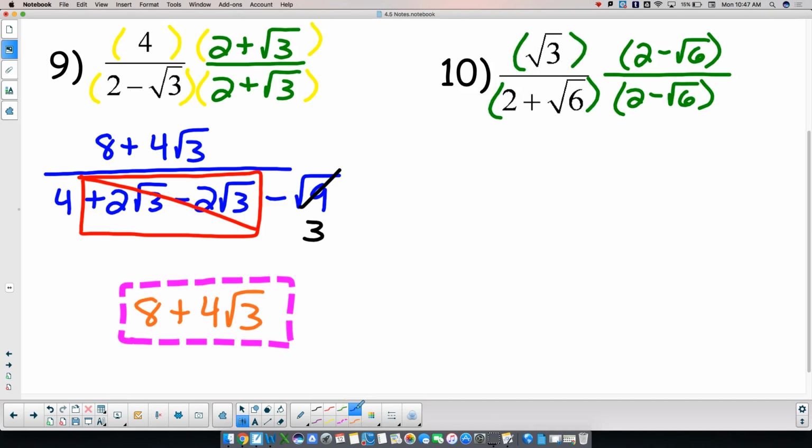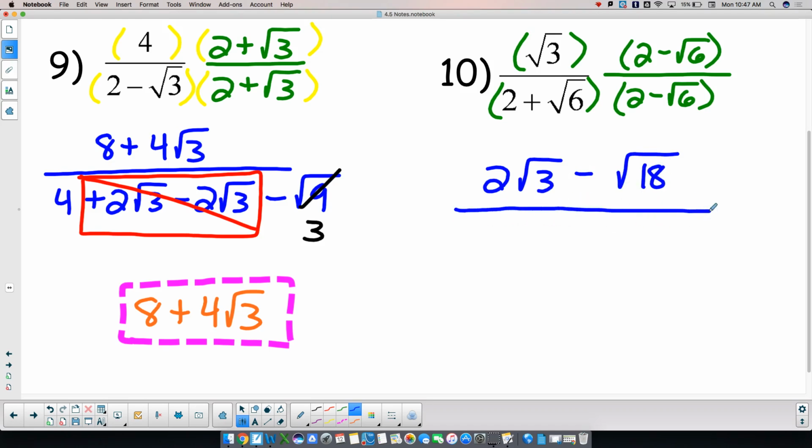Top becomes 2 square roots of 3 minus the square root of 18. Bottom becomes 4 minus 2 square roots of 6 plus 2 square roots of 6 minus the square root of 36.